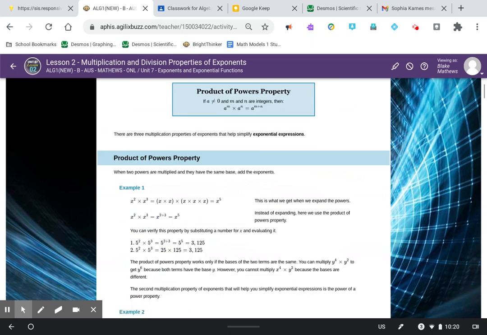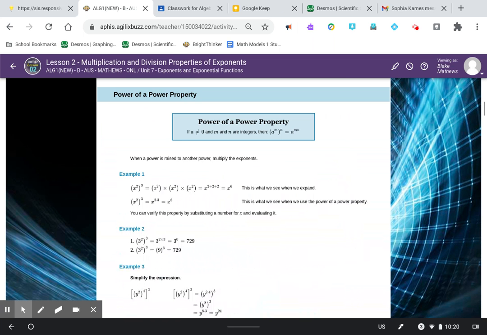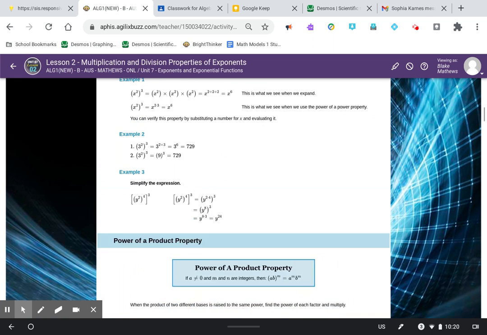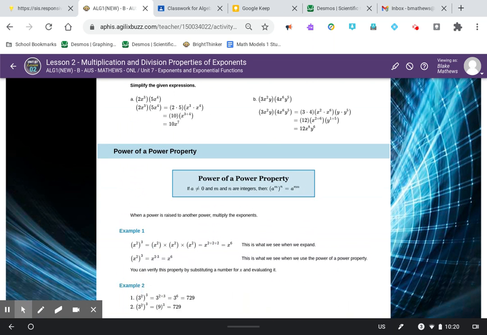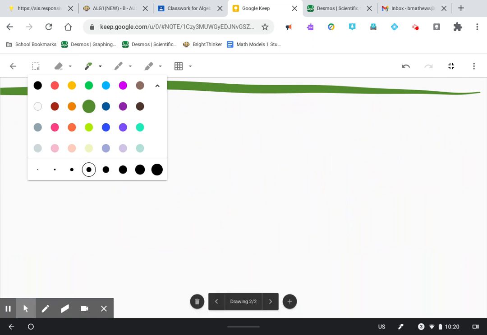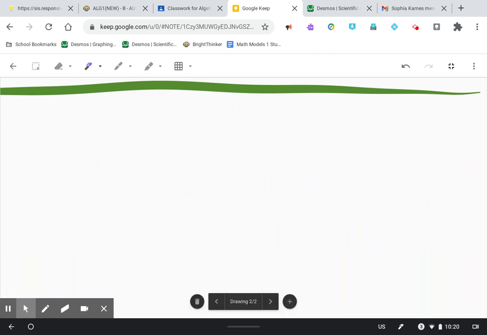So that's the product of powers property. And then we have the power of a power. We'll talk about this one. This is a similar idea to the two we just got done doing. We'll call this the power of powers.